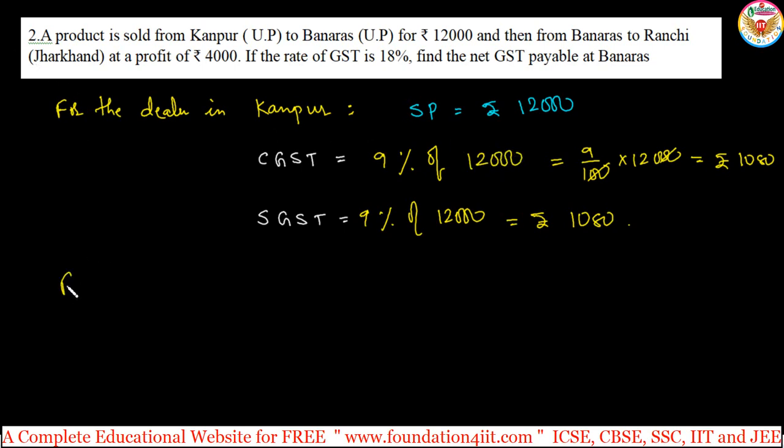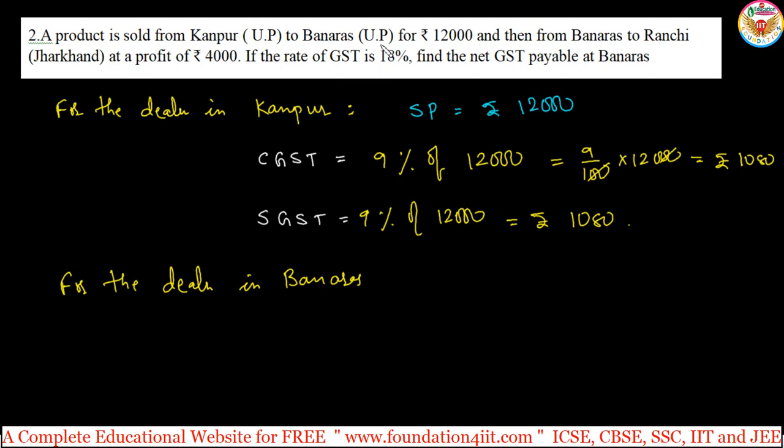Now for the dealer in Banaras, so the Kanpur dealer sold to Banaras, and again Banaras sells to the next person in Jharkhand. So this is interstate: UP, and the next is Jharkhand, which is another state, right?